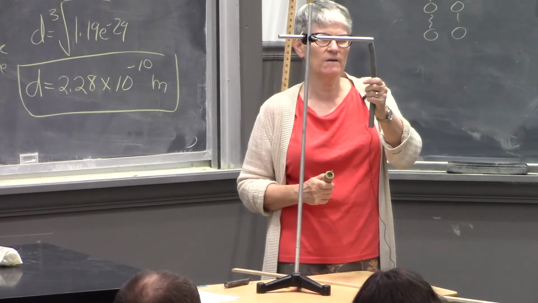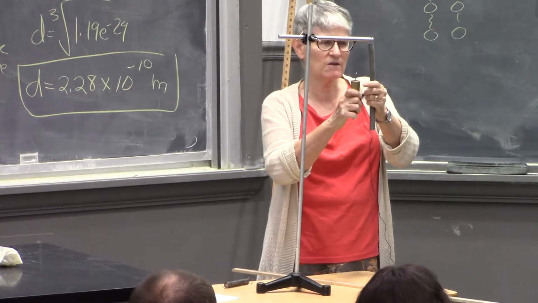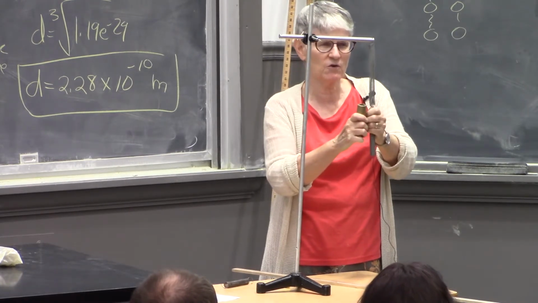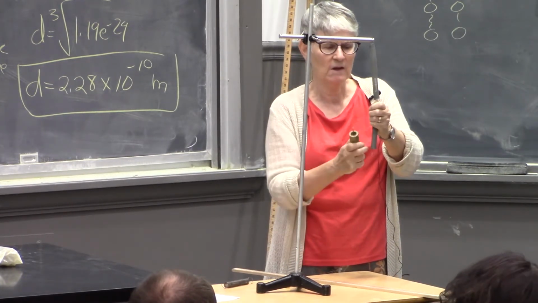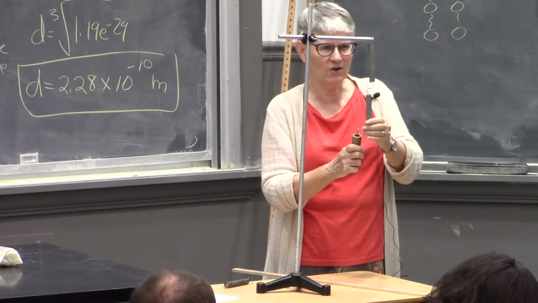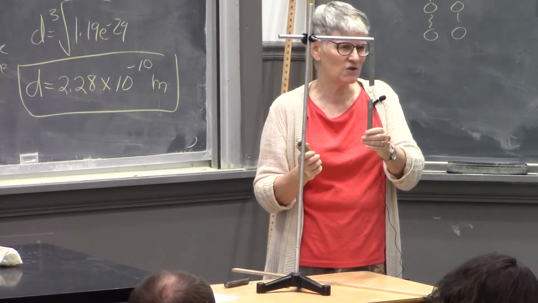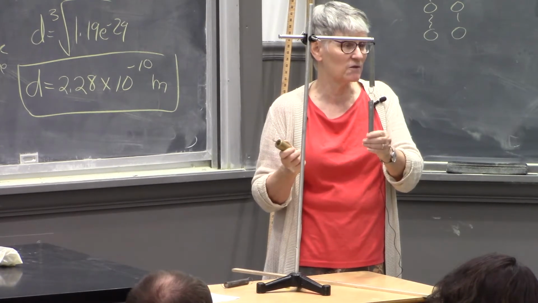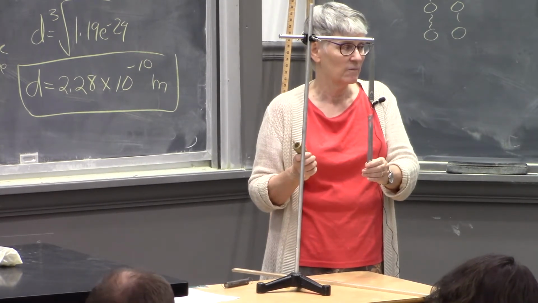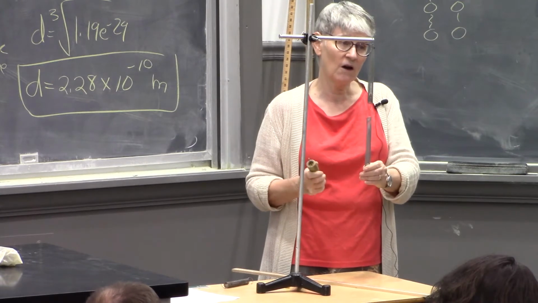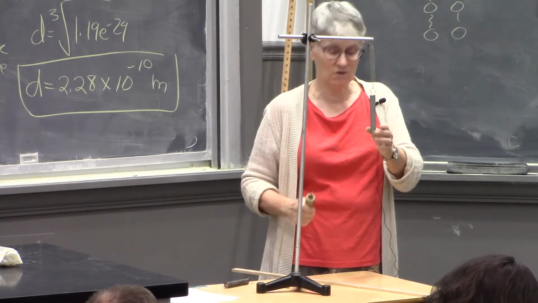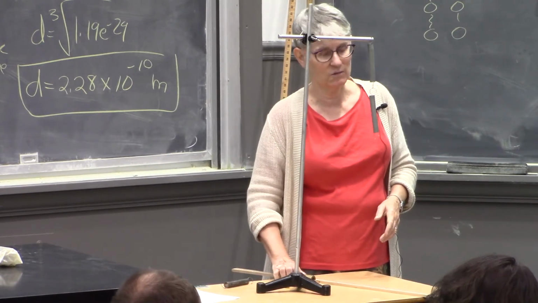This spring is holding up this mass, so it should stretch 4 centimeters, right? If this spring were identical, it's holding up pretty much the same mass, so it should stretch 4 centimeters. So the total stretch ought to be something like 8 centimeters, shouldn't it, if these were really identical springs?